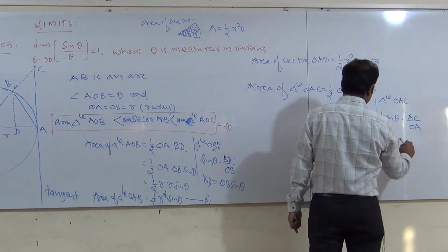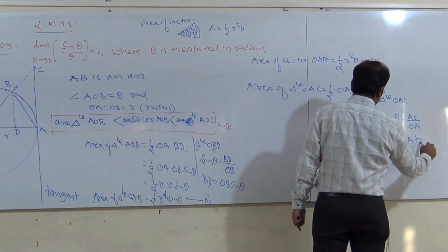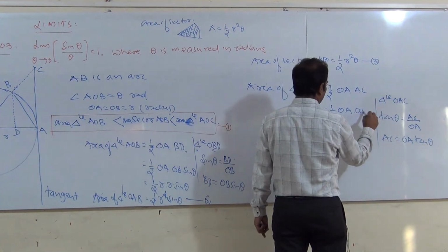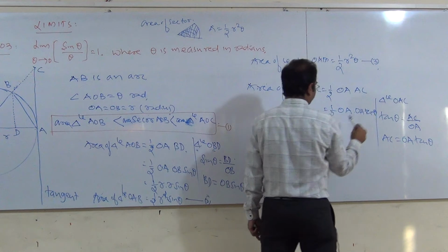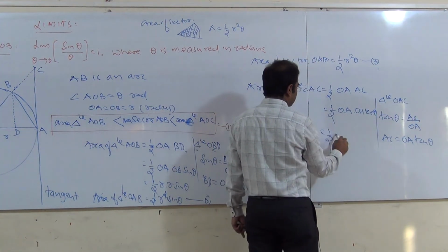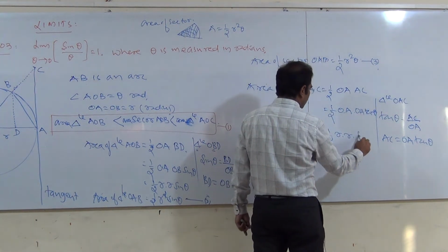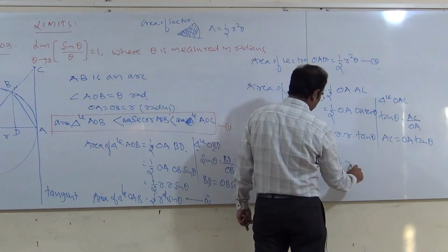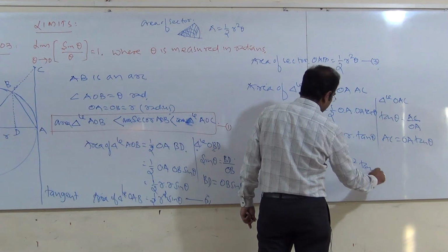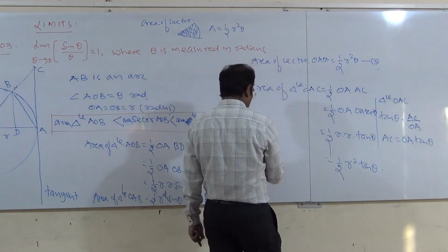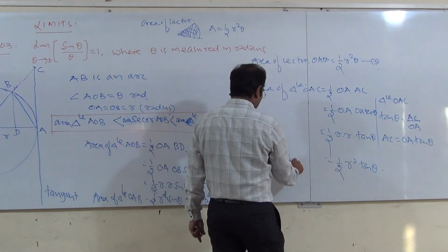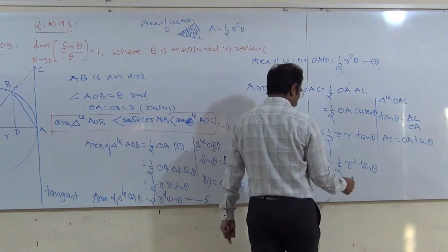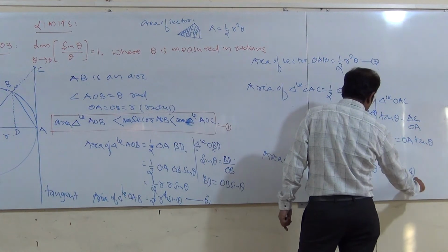Therefore, AC is equal to OA into tan theta. So OA into OA tan theta, but 1 by 2 OA is nothing but R. This is also R into tan theta. Therefore, it is 1 by 2 R square tan theta. This is the area of triangle OAC. Call this equation number 4.